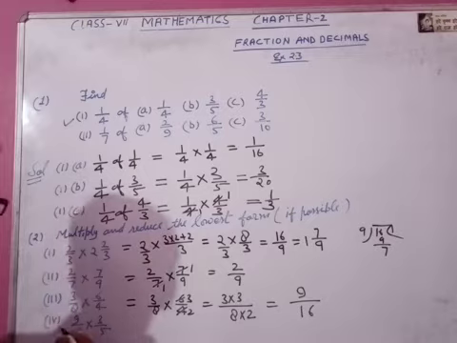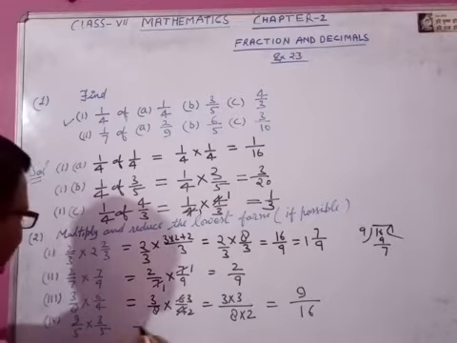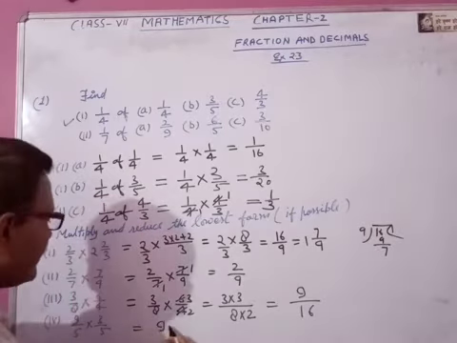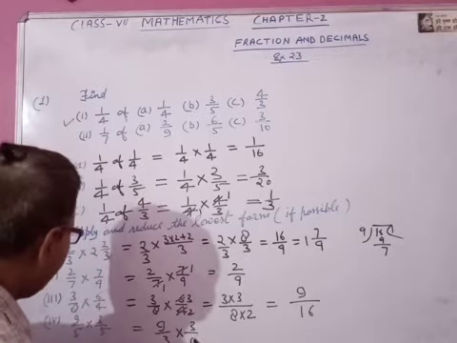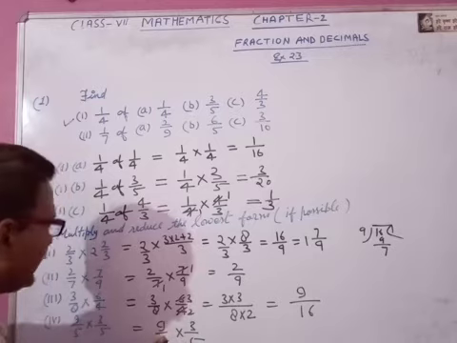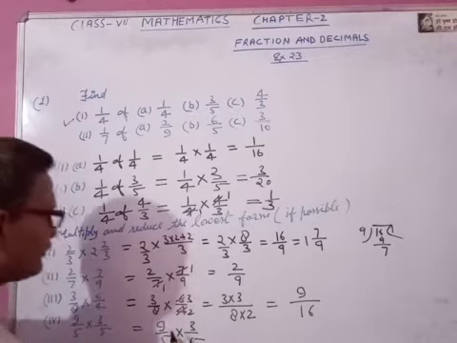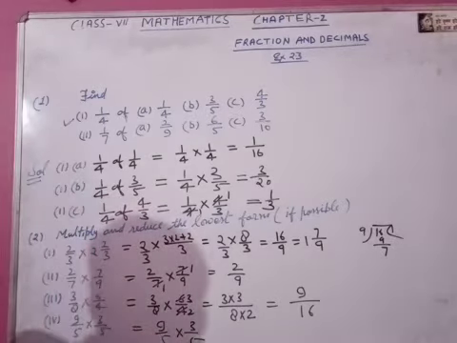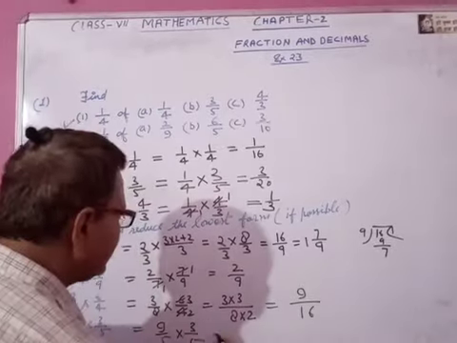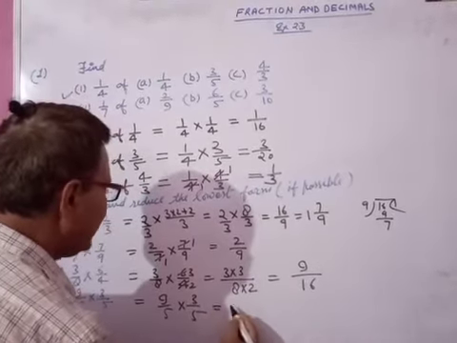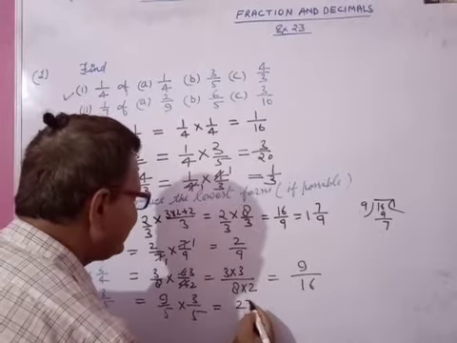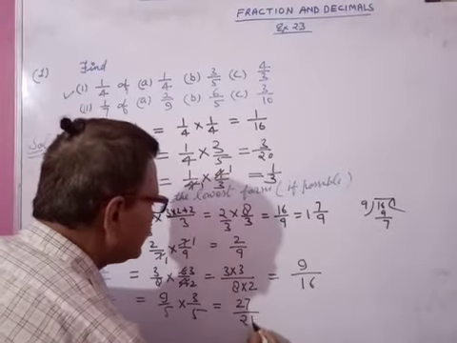And now the last part, the fourth part, is 9 upon 3 multiplied by 3 upon 5. Sorry, 9 upon 5. There is no common factor other than 1. 9 threes are 27 and 5 fives are 25.